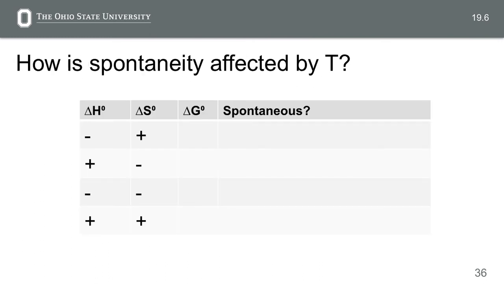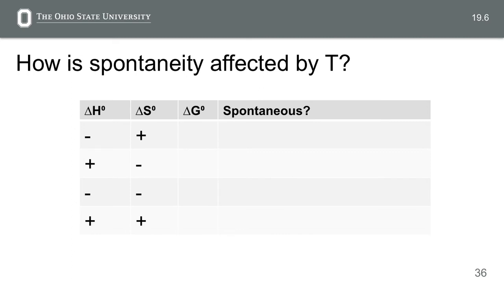So how is spontaneity affected by temperature? We have two options for the sign of delta H and two options for the sign of delta S. It can either be positive or negative. When we combine those together, we have a total of 4 possible situations. We can have a delta H that's negative, meaning exothermic, and an entropy that's positive, so an increase in entropy.